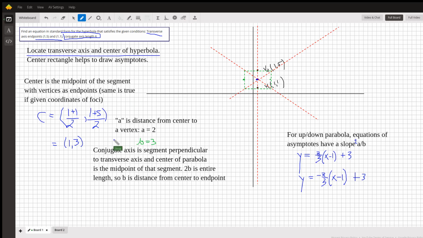The conjugate axis, oh, by the way, a is the distance from the center to a vertex, and the center is the midpoint of the segment joining the vertices. So here, this is a equals 2. And the conjugate axis is kind of like this segment right here.